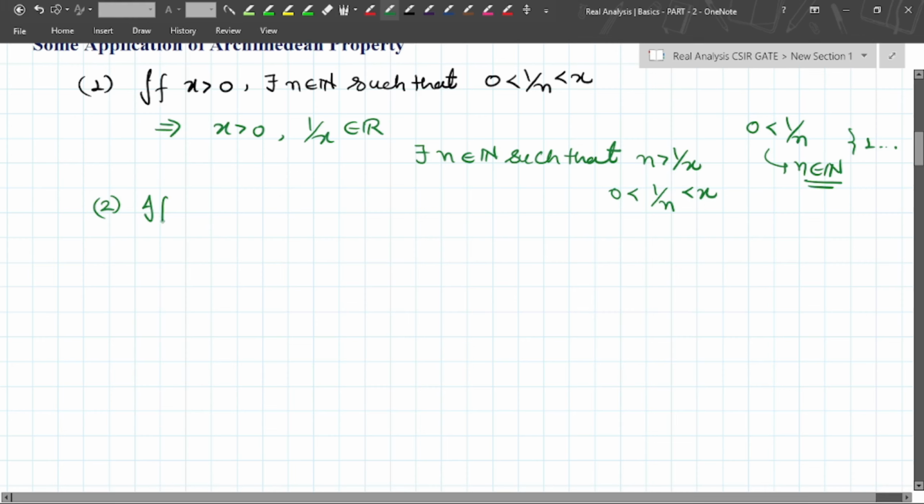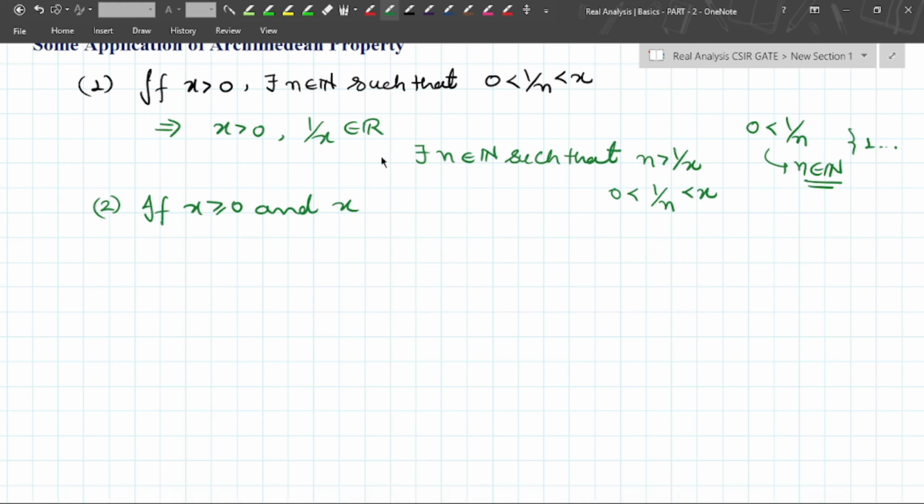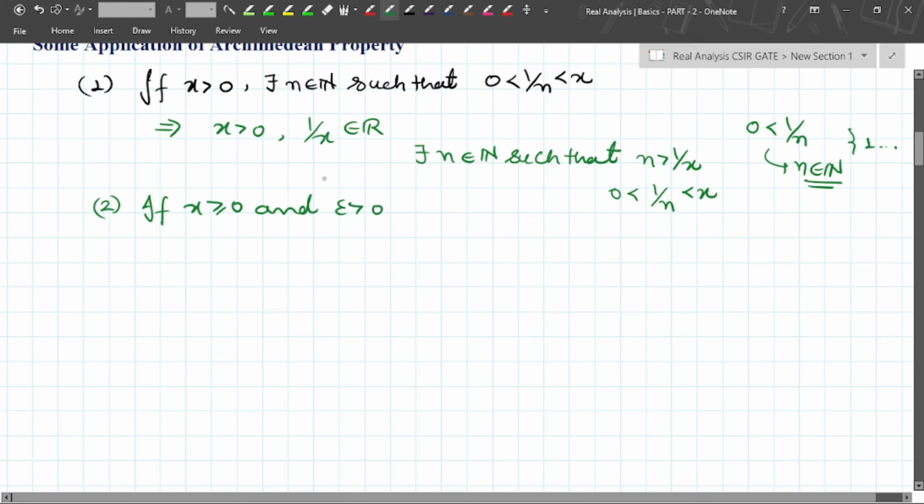Second, if x is greater than or equal to 0, and for any epsilon greater than 0, x is less than epsilon, then we will say that x will be 0.